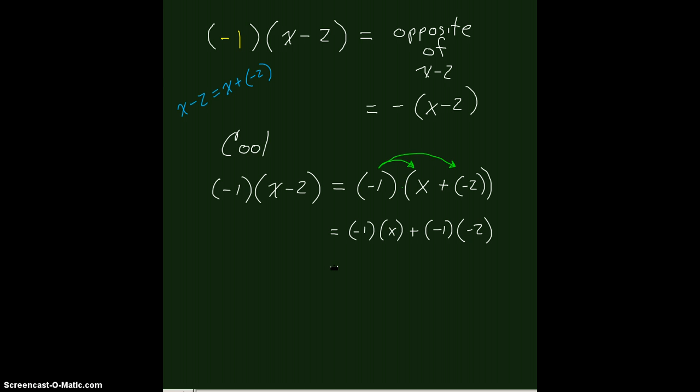All right, let's work that out. -1 times x, well, we know -1 times any number gives the opposite, so I get the opposite of x, or negative x. And then I'm going to add -1 times a -2. A minus times a minus is plus, so I'm going to get -x plus 2.